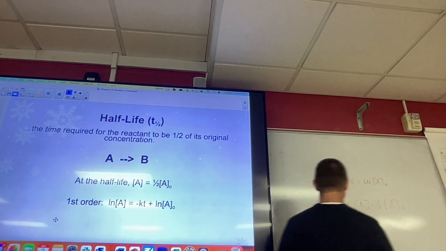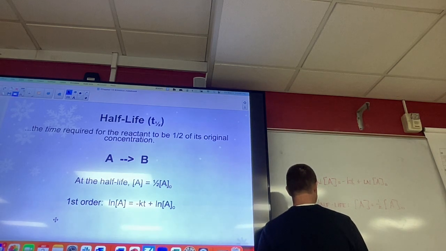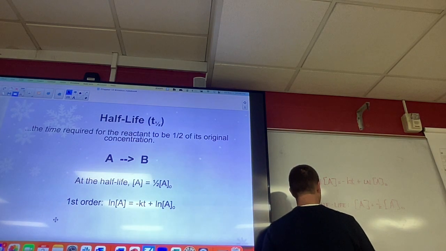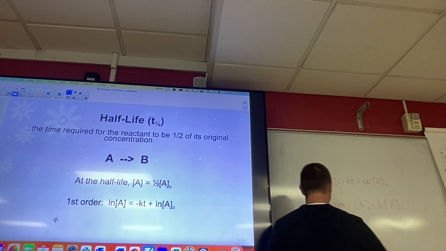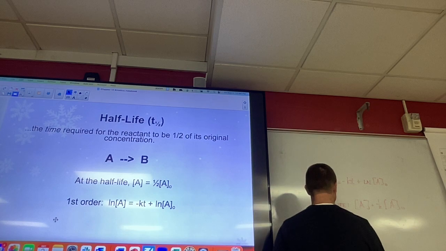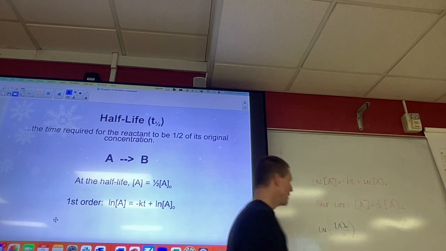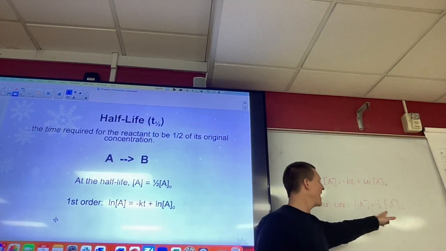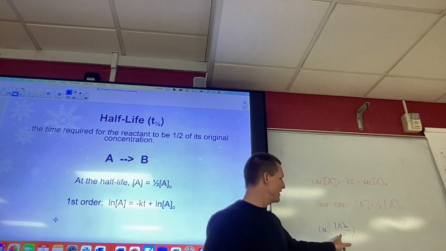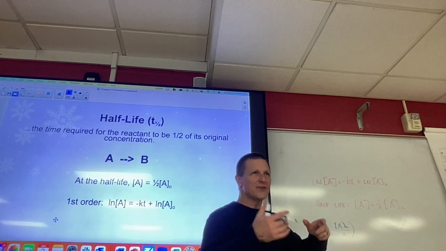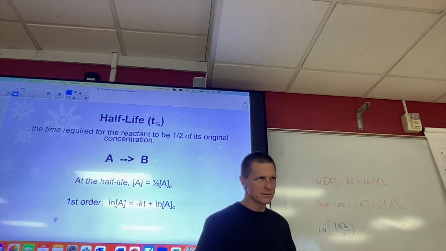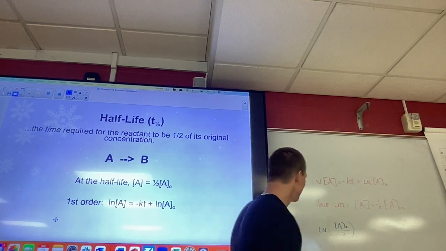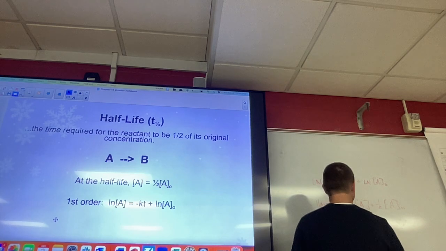So putting numbers into this, I'm going to say ln of A0 over 2. I said that A is 1/2 of A0. This is the same thing. 1/2 times A0 is the same thing as A0 divided by 2. And that's equal to negative kt.